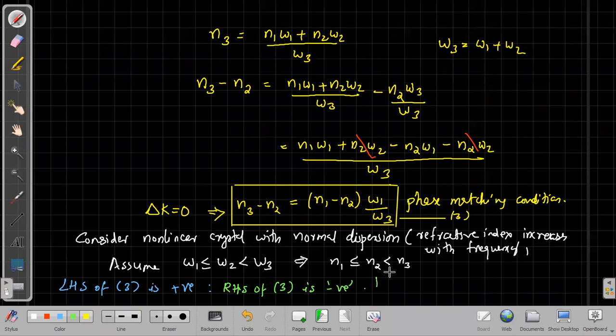Okay, so phase matching is not possible for material with normal dispersion.